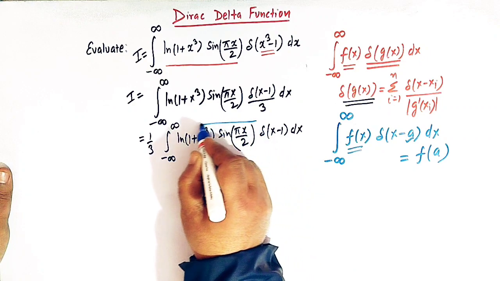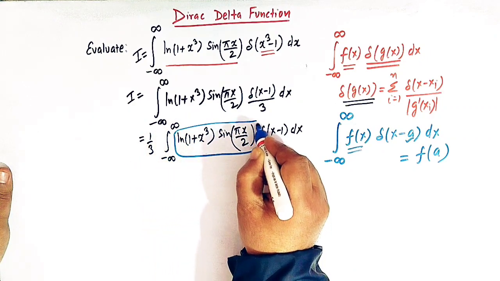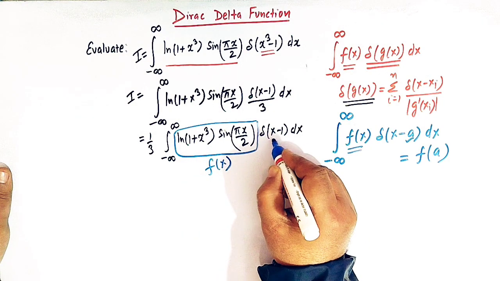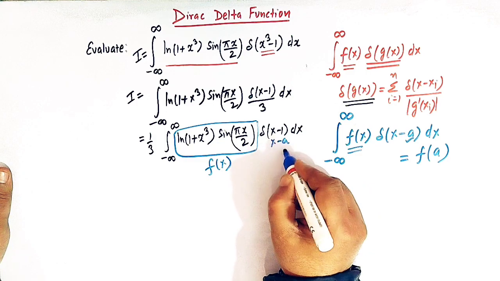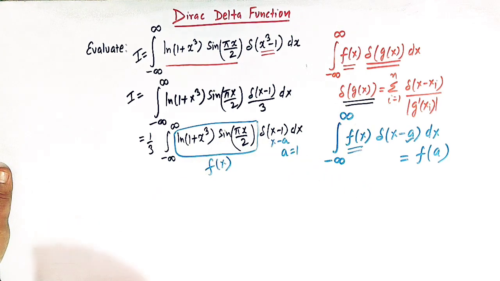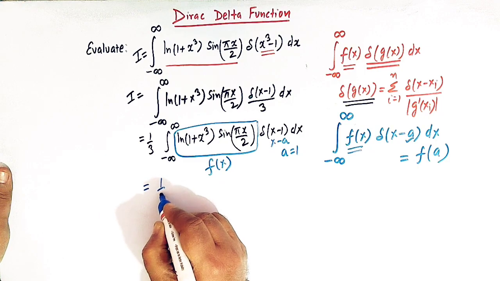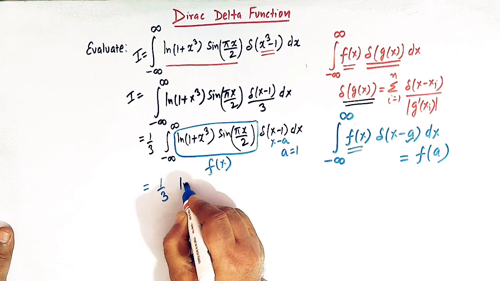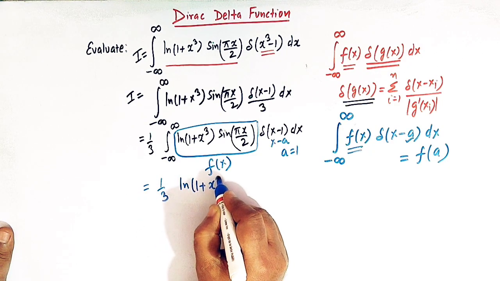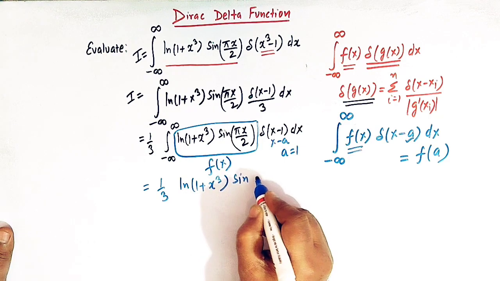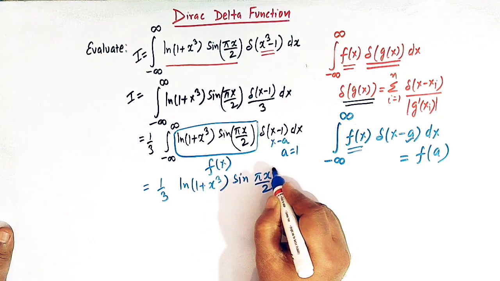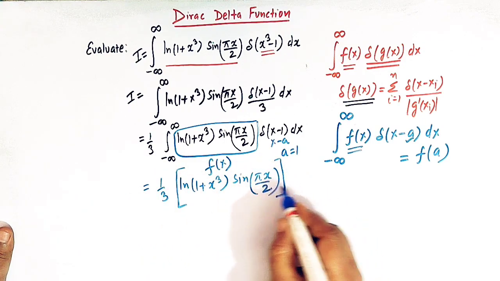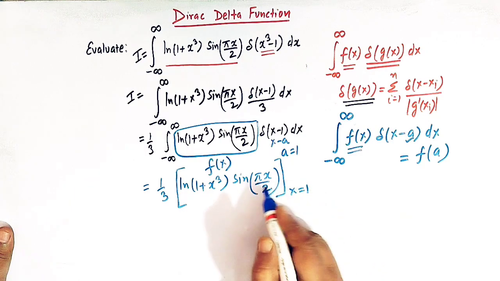So here what we can do, we'll take this function as f of x, right? And here delta of x minus a, so our a is equal to 1. Now we have the factor 1 over 3, and then we have log of 1 plus x cube sine pi x over 2, and we have to evaluate this entire expression at x is equal to 1, right?